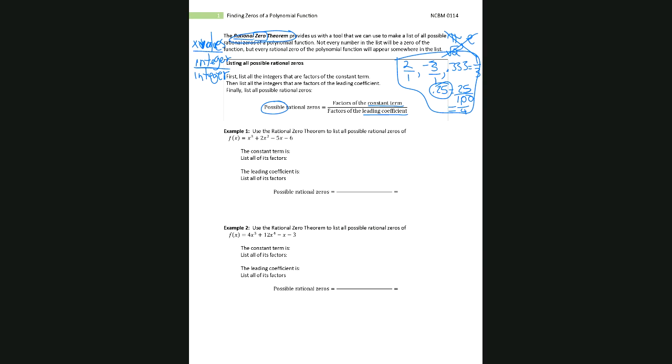So let's get started. The first thing we need to do for example 1 is, well, it says use the rational zero theorem to list all possible rational zeros of a polynomial of degree 3, because that is the highest exponent. So the constant term is going to be -6, and the factors of -6 could be 1, 2, 3, and 6.